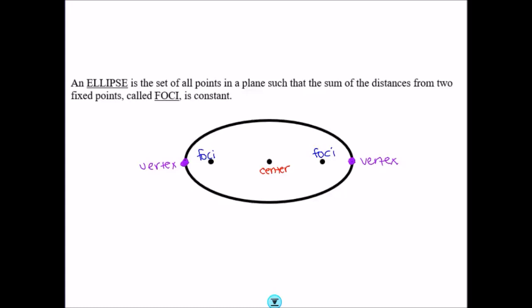And that straight line here is called the major axis. Then we have two co-vertices. And the co-vertices and the center are all in a straight line, and that line is called the minor axis.